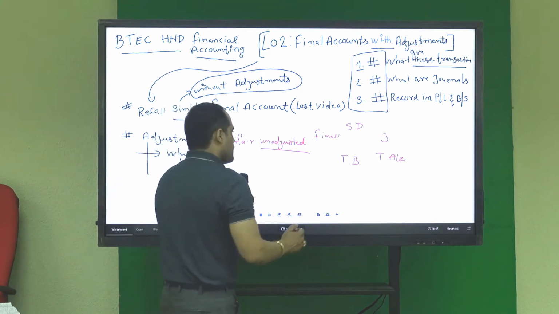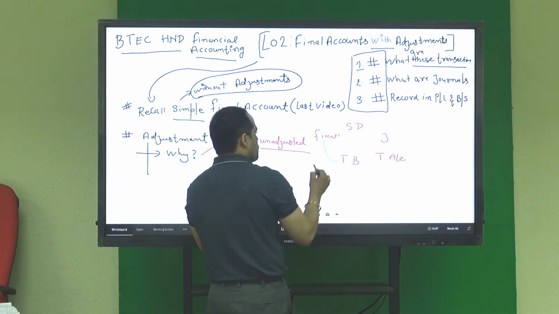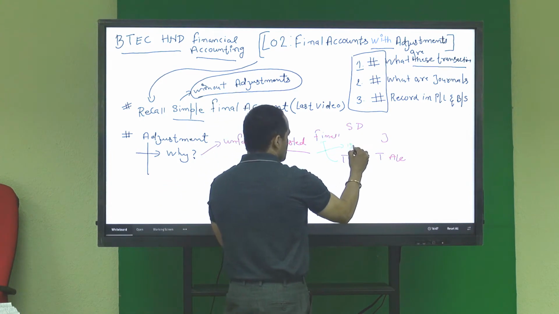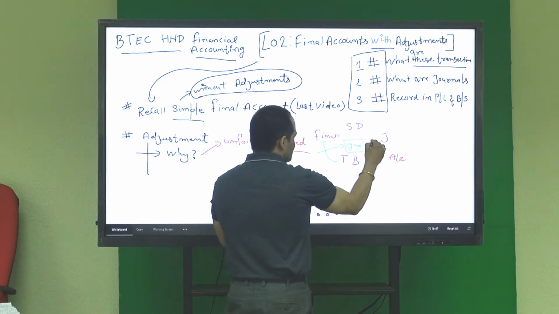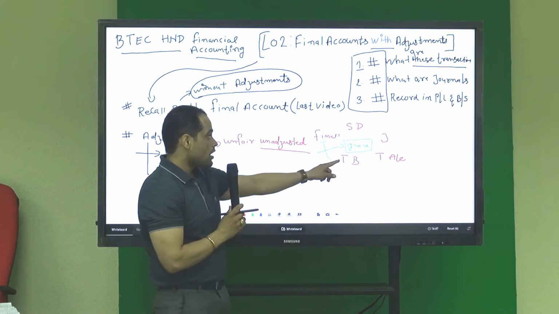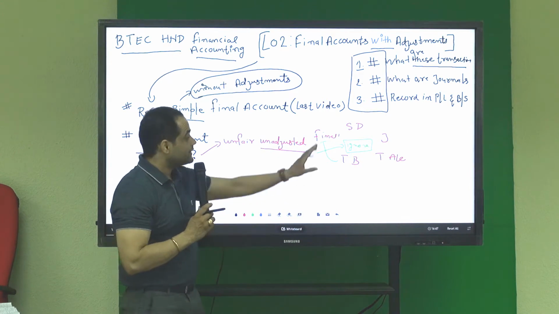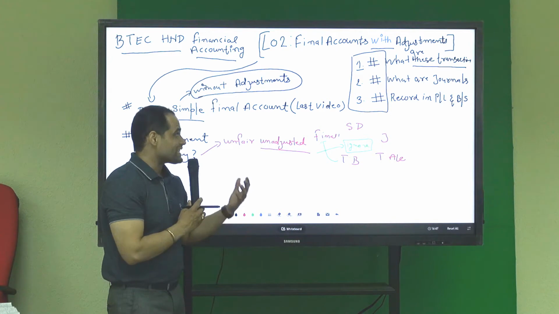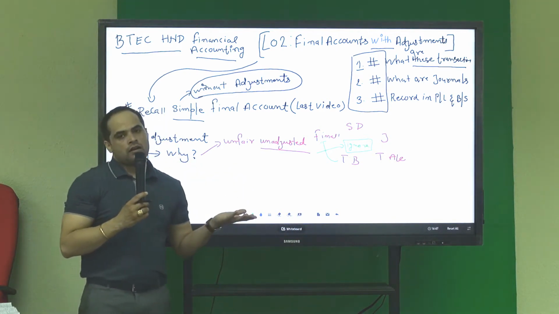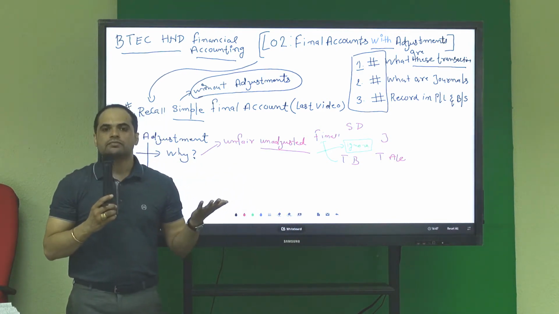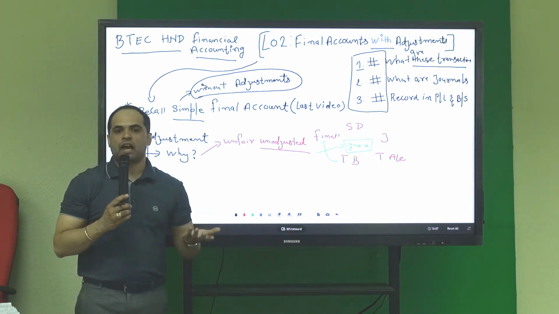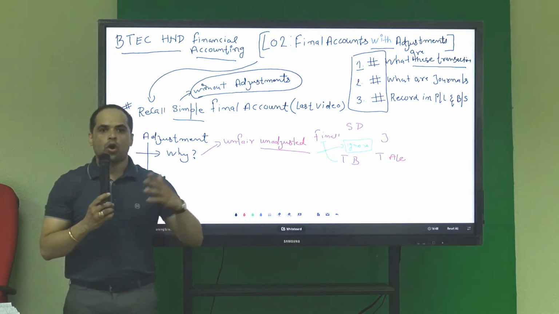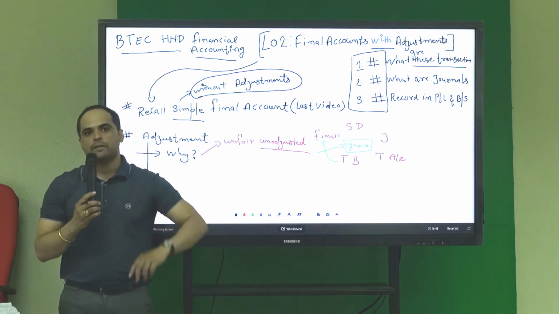So when we ignore any kinds of transactions which occur after the trial balance, and then we prepare final accounts by ignoring all these transactions, that kind of accounts is non-adjusted, and is providing unfair or not true and fair information to the users.